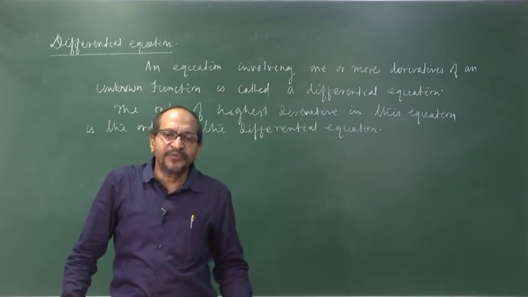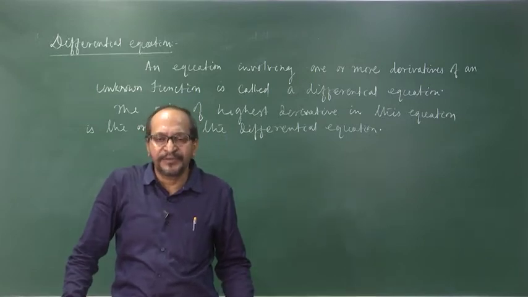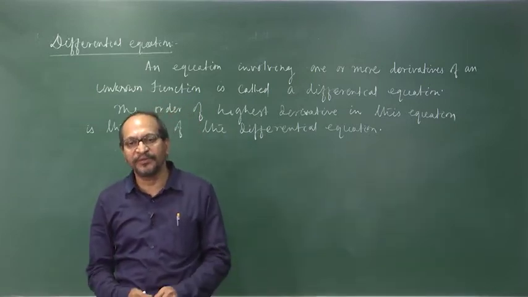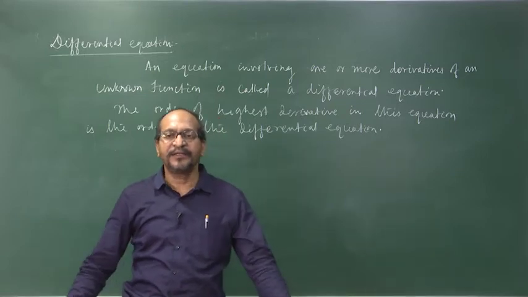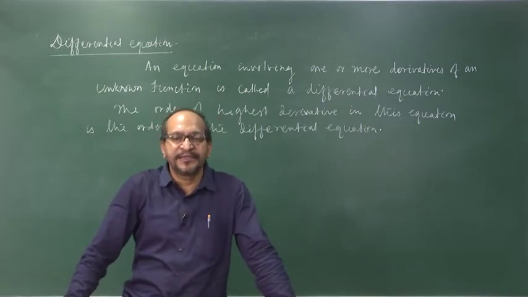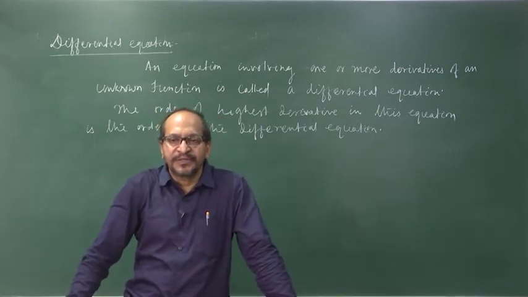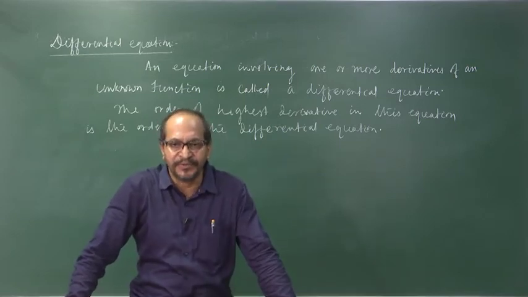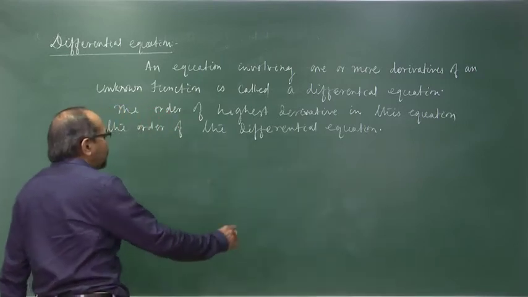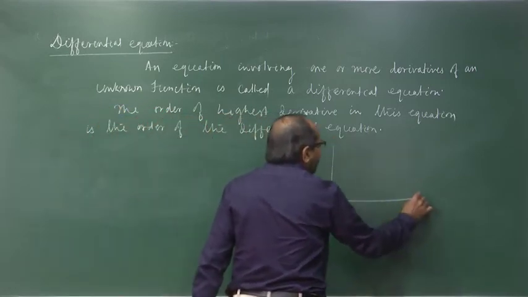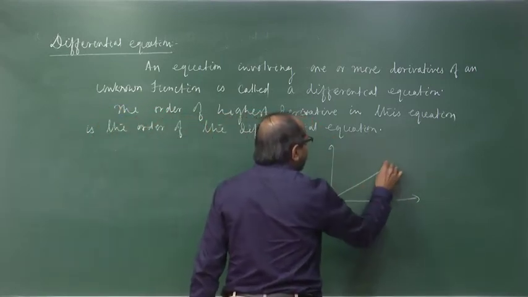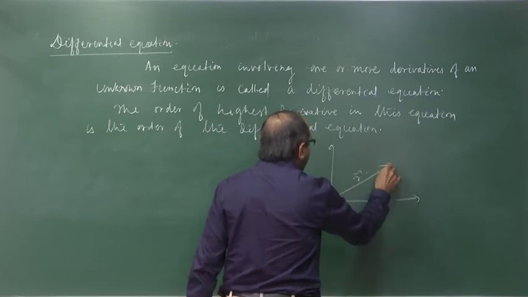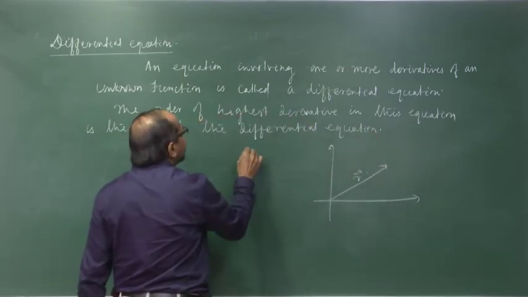So, in physics we have come across many differential equations. We are all familiar with mechanics, and the entire classical mechanics is based on Newton's second law of motion, which is nothing but a second order differential equation. If r is the position vector of a particle and the particle moves, then r is a function of time.